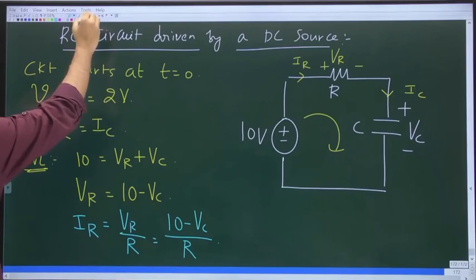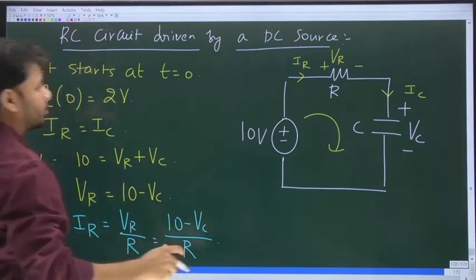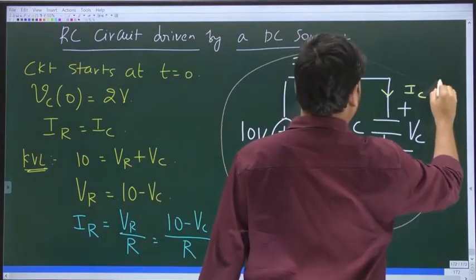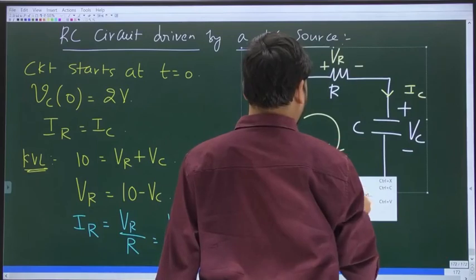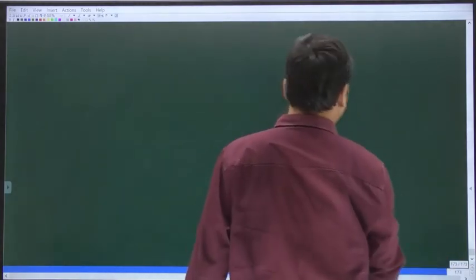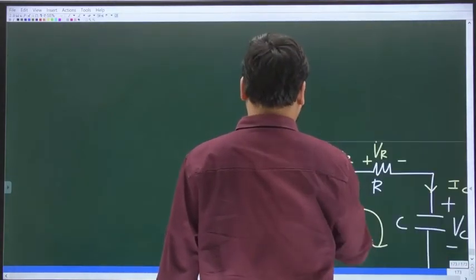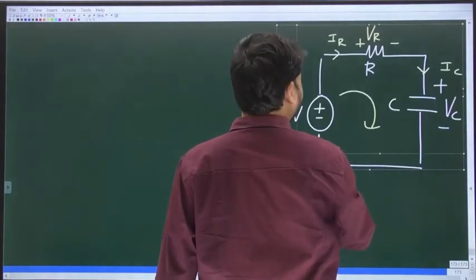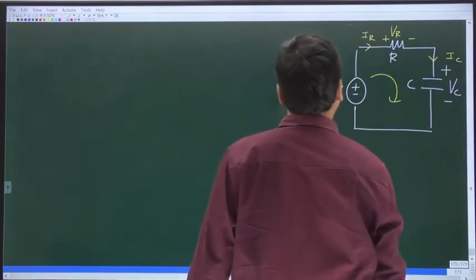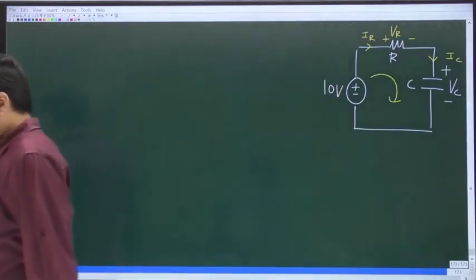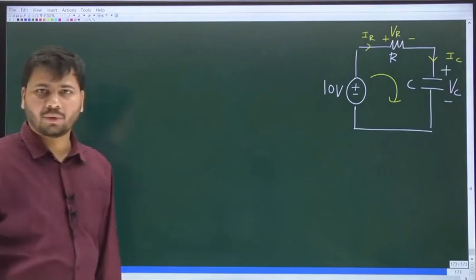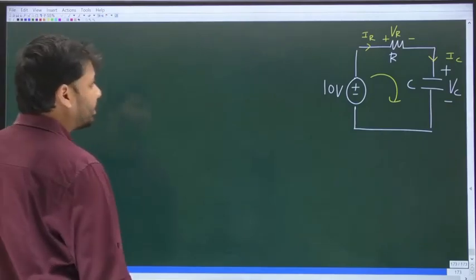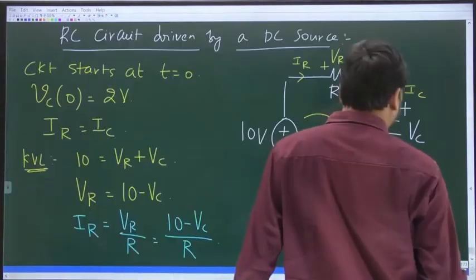Now let us do the actual analysis. Once again, I have drawn the same circuit. Initially, what did we take for the initial voltage across the cap?